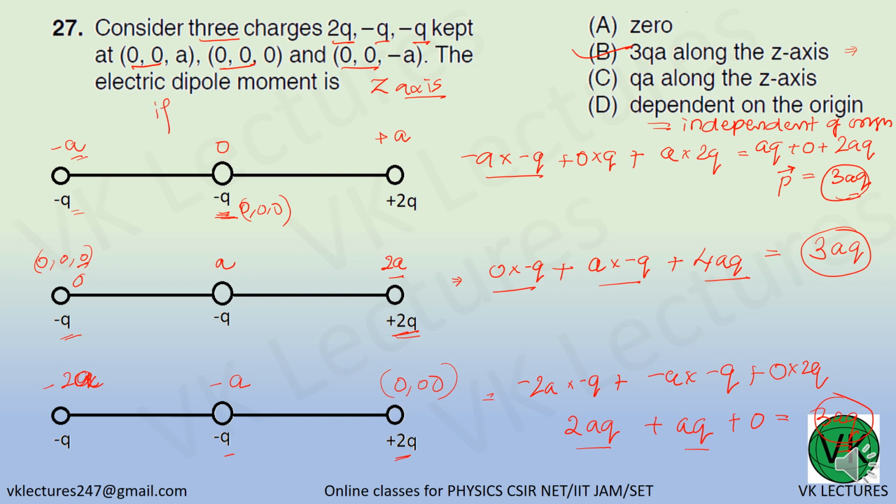If the origin is in x or y, at any point x, y or z, any point, if you take the origin at any point, even then the dipole moment will remain same.